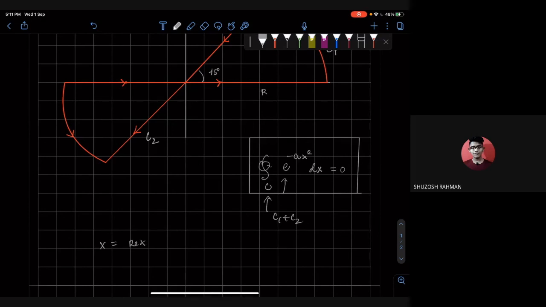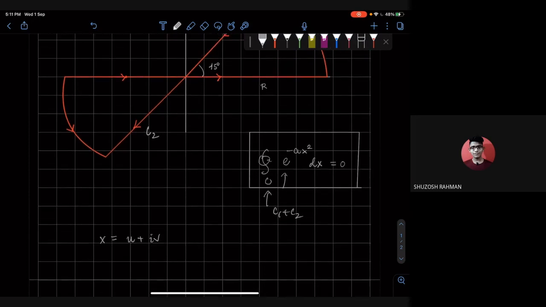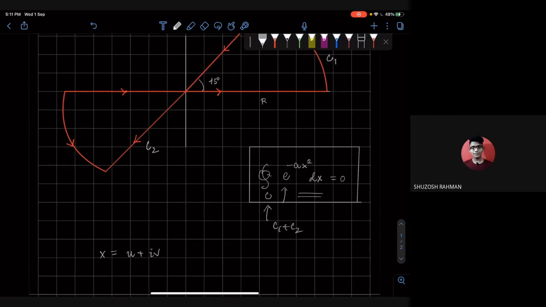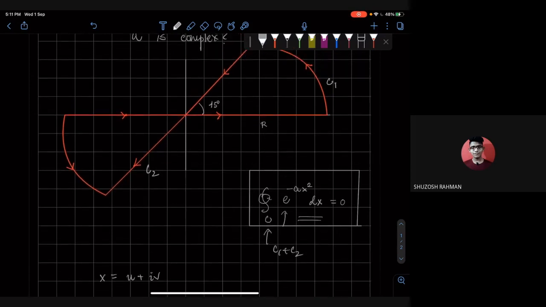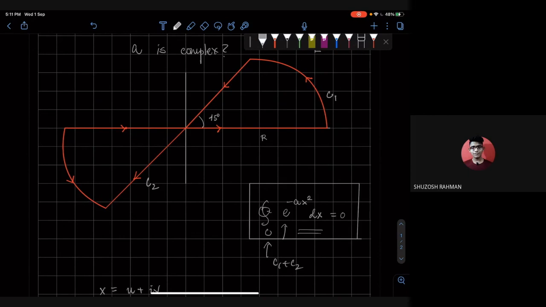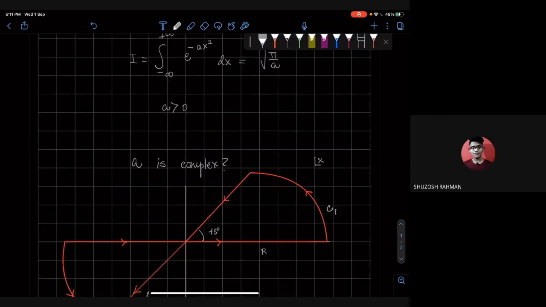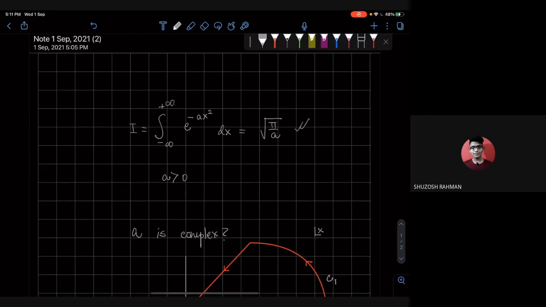Let's call the real part of x u, and the imaginary part v. Then look at what happens to this integral on this contour. Part of the integral, you will realize, involves the real integral, so you can use that result.